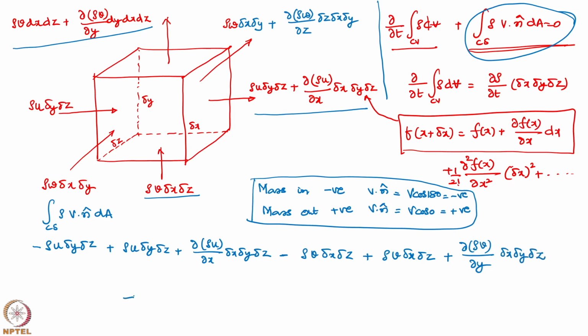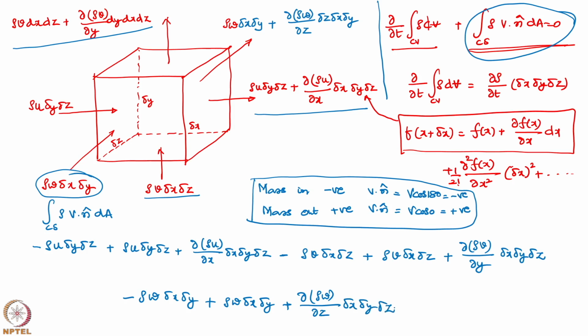Now similarly minus rho w delta x delta y plus rho w delta x delta y plus dou of rho w by dou z delta x delta y delta z.